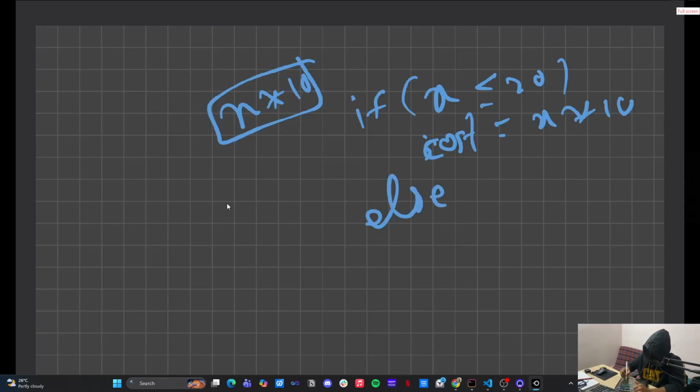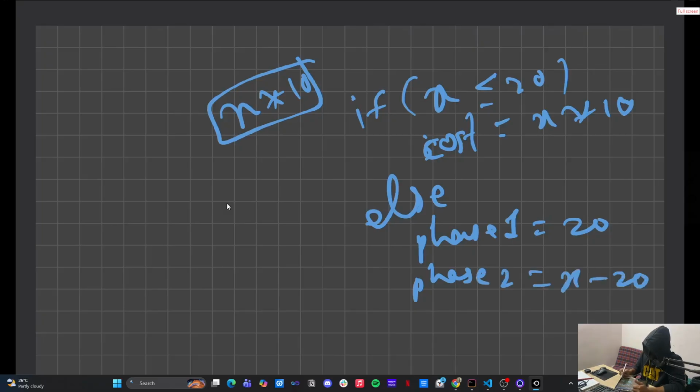But if the score is greater than 20, which means he has played phase 2 also, then the first 20 runs will be scored in phase 1. So phase 1 score will be 20, and phase 2 score will be x minus 20, right?